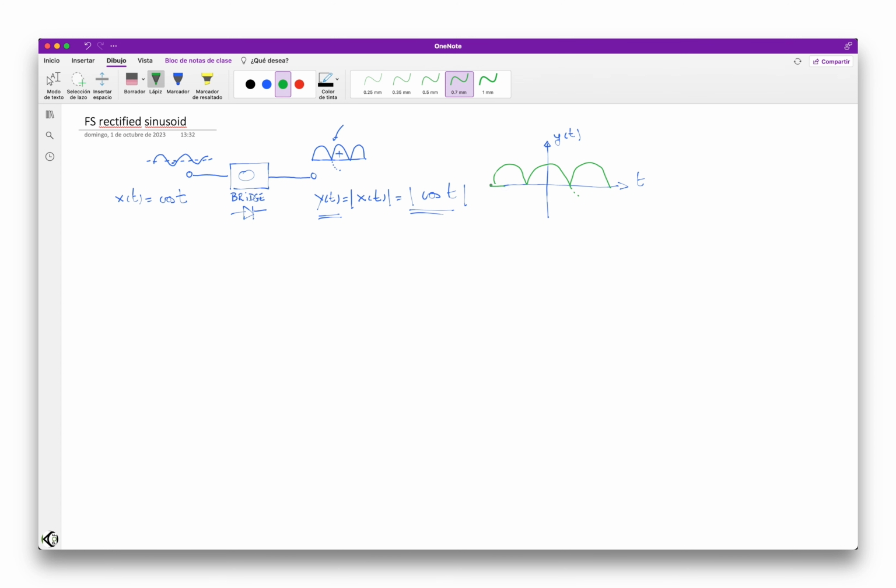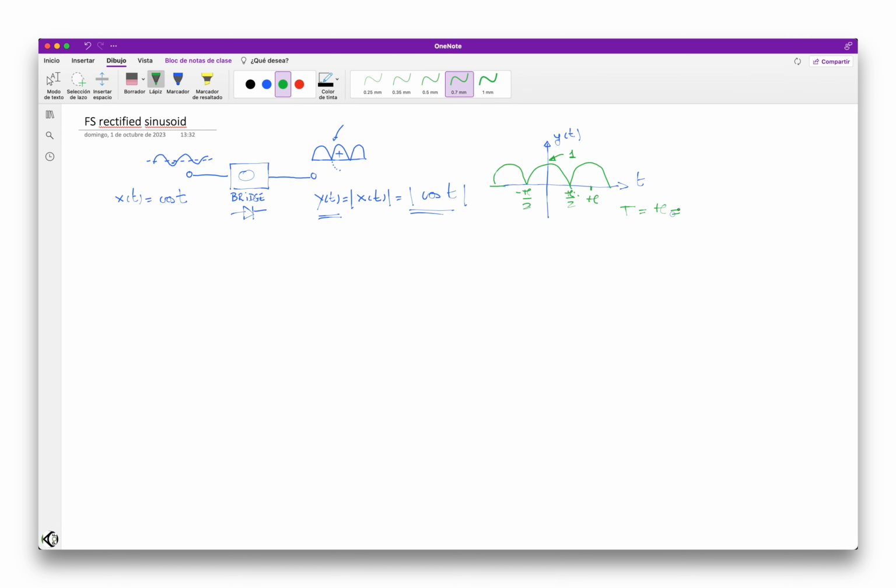Typically this would be minus pi over 2 to pi over 2, and the maximum value of the cosine is 1, so this will be 1. And again, the period at which this repeats is pi. The rectified cosine halves the period, so instead of being 2 pi, in this case the period of the rectified cosine is not 2 pi but pi.